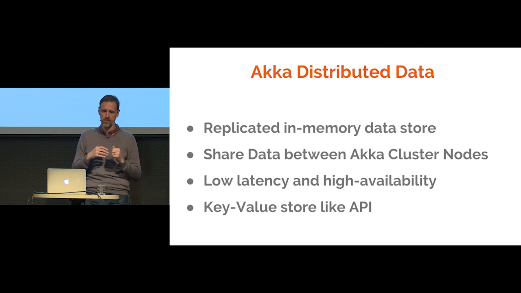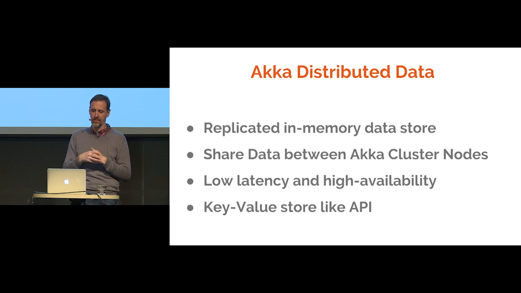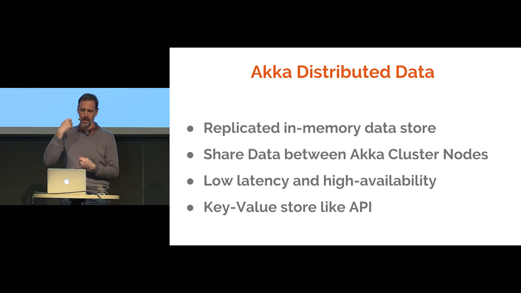And the idea is to build a very low latency, highly available distributed data layer, like a caching layer almost, in my application tier. I also want to make the API very easy to use, a key-value store like API. So I don't want to have to deal with a lot of low-level APIs. I want it to be very easy to add and remove something as simple as keys.